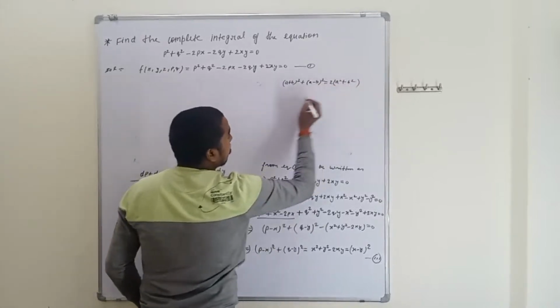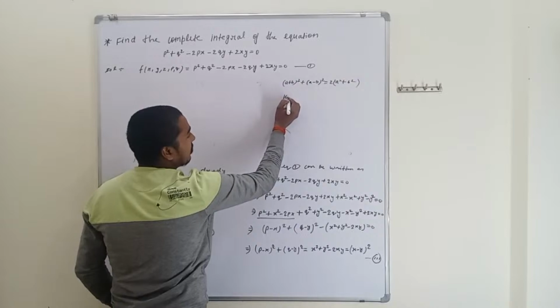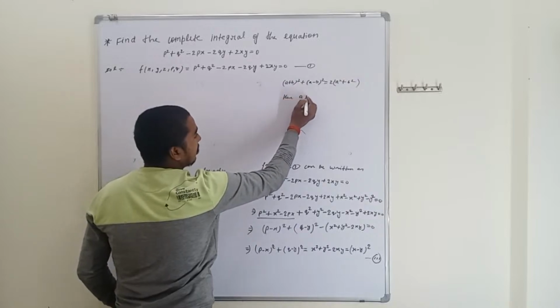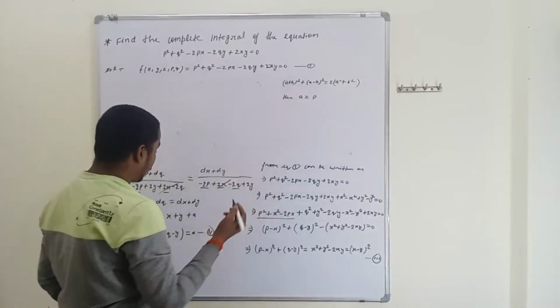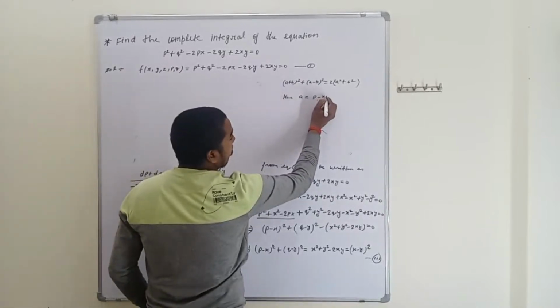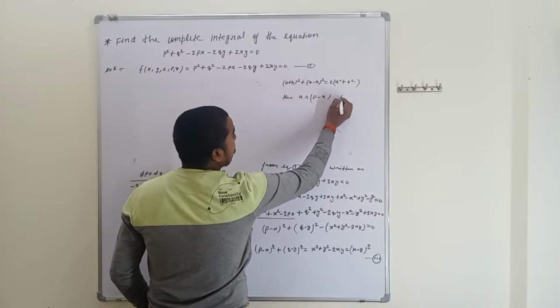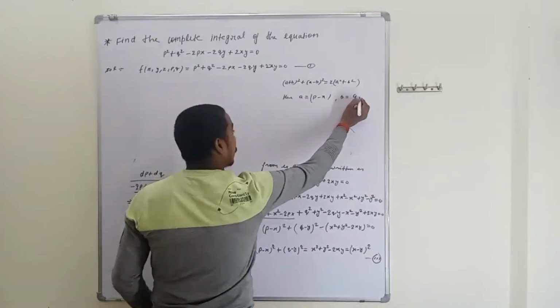Here let's suppose that a is equal to p minus x and b is equal to q minus y.